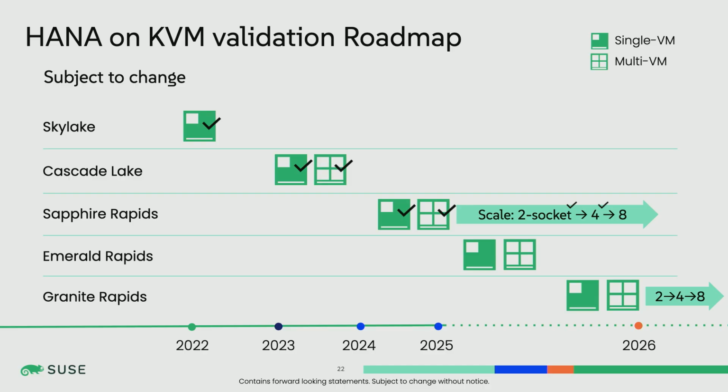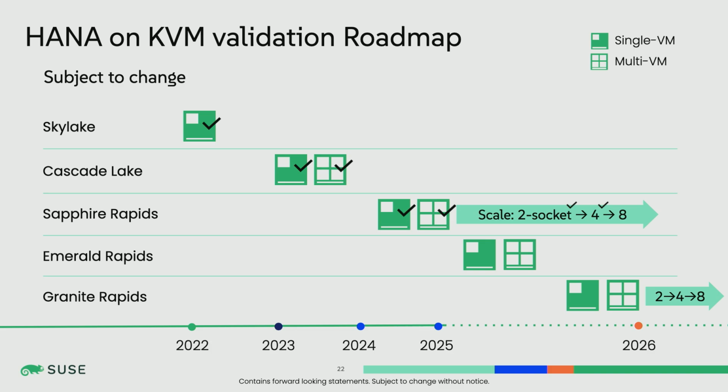As of Sapphire Rapids, SAP decided that this is not sufficient any longer, and we need to validate every scenario, every distinct socket size. So we validate 2-socket first, then we start over, validate 4 sockets, and we are currently working on 8 sockets. So 2 and 4 sockets on Sapphire Rapids is done. 8 sockets is work in progress.